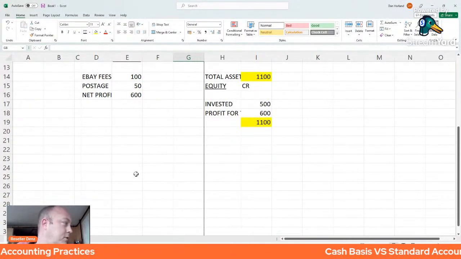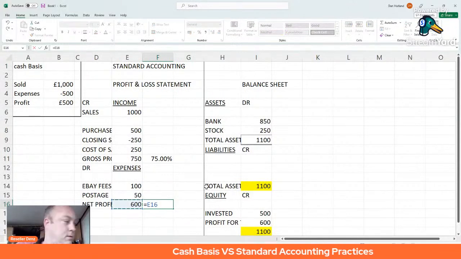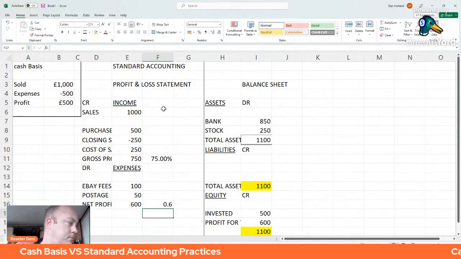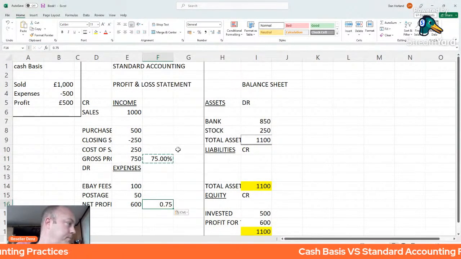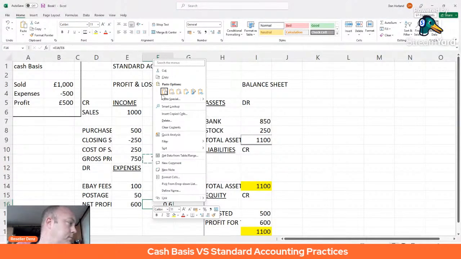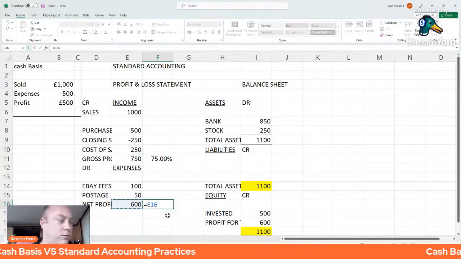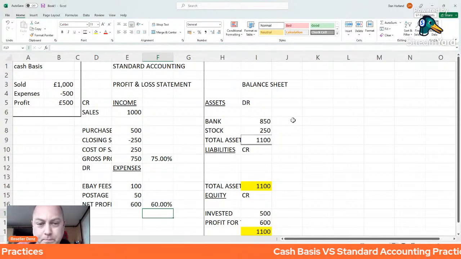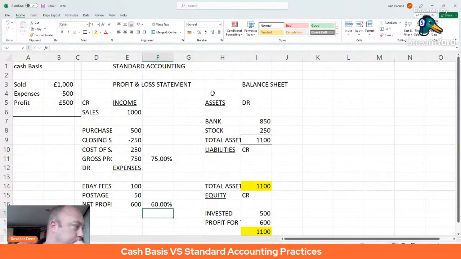And then your net profit margin is basically that over that. No, it's not. 60%. There you go. So as you can see, we've built this up quite nicely.